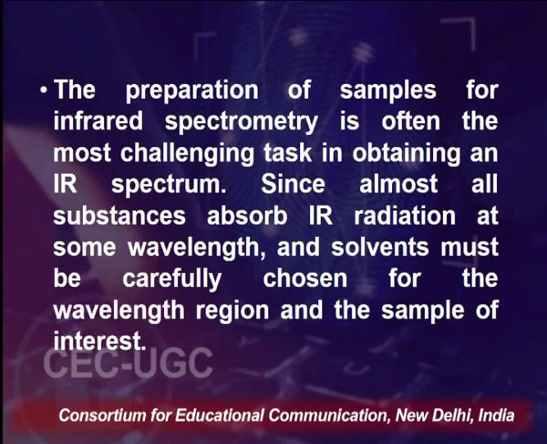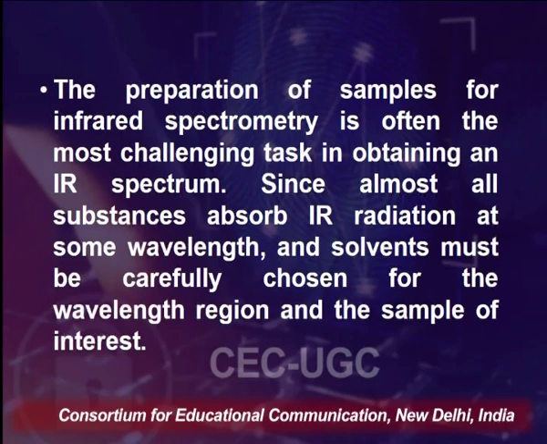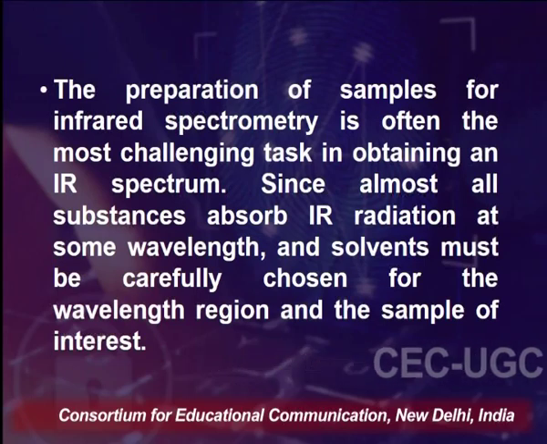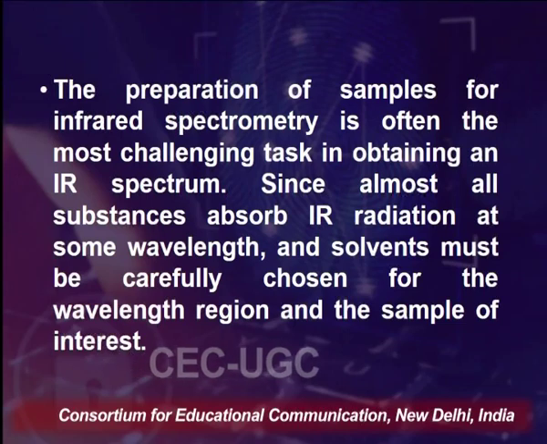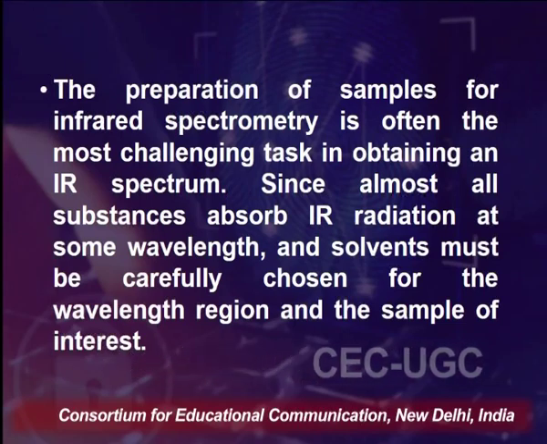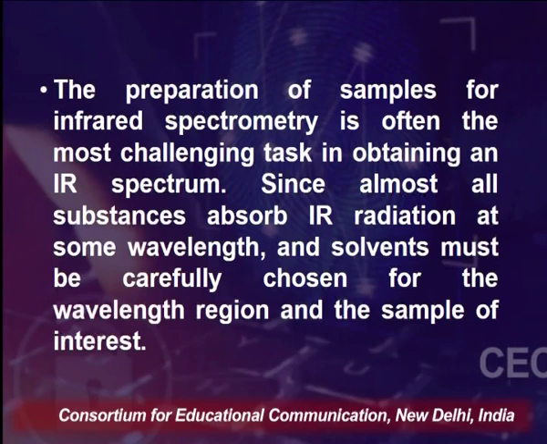Since almost all substances absorb IR radiation at some wavelength, the solvents must be carefully chosen for the wavelength region and the sample of interest. This is one important thing we have to keep in mind, that most substances absorb IR radiation.